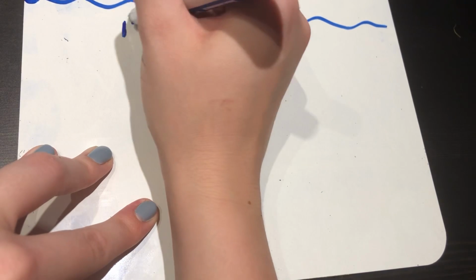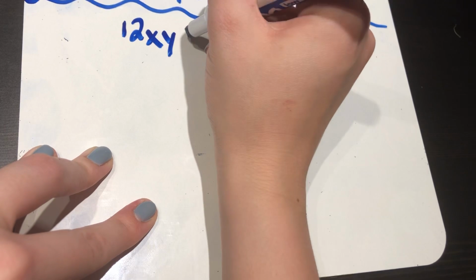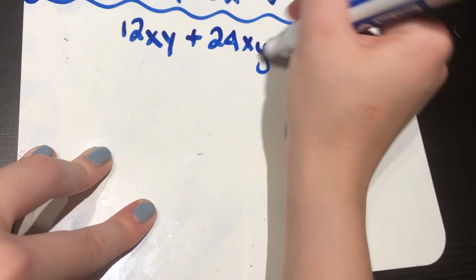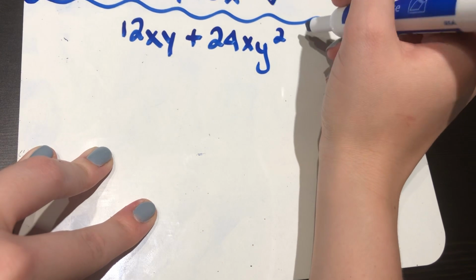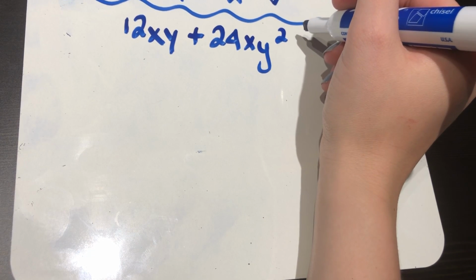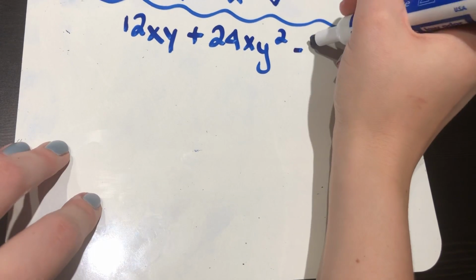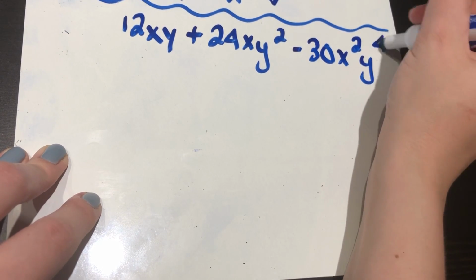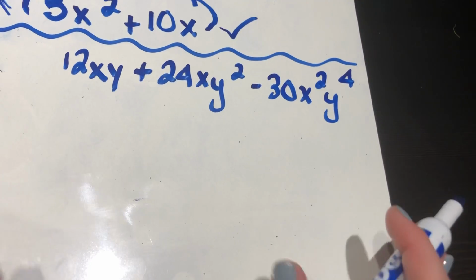It's going to be 12xy plus 24xy squared minus 30x squared y to the fourth. Now we got a lot going on here.